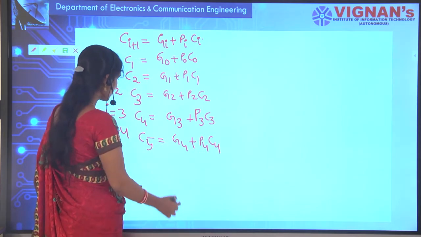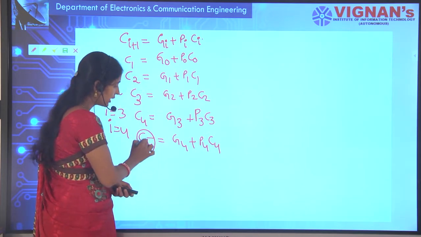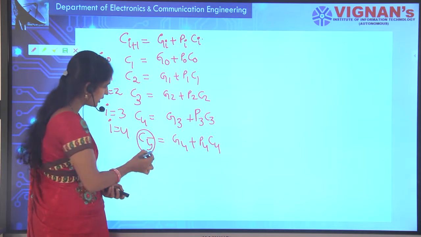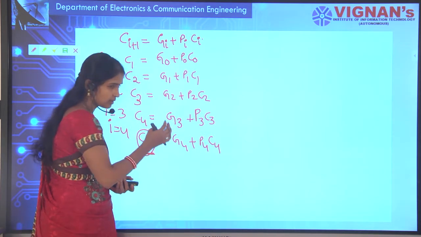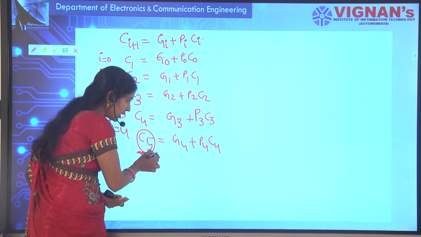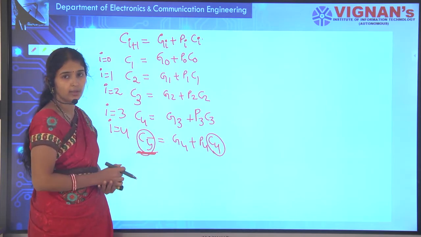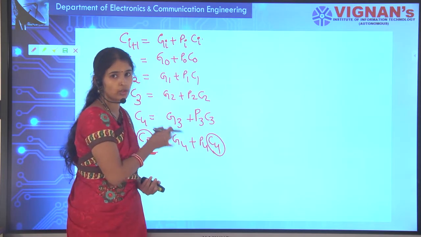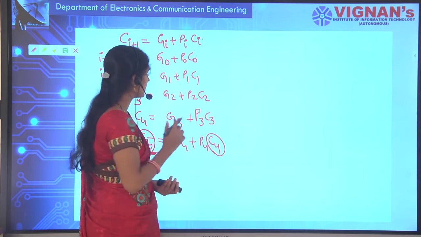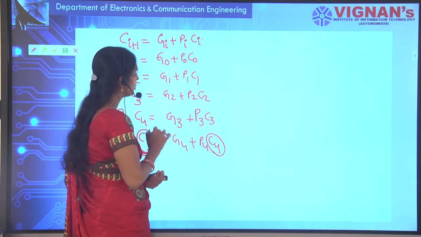That means this C5 depends upon your C4. As in the case of a ripple carry adder, this C5 is generated with the help of C4. In the same way here also, then how is it going to differ? Just substitute all your G and P values, then you will find it.